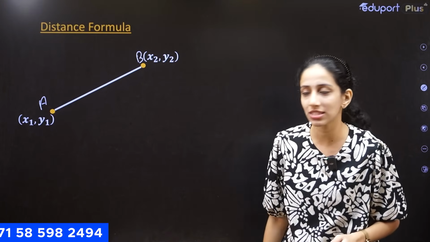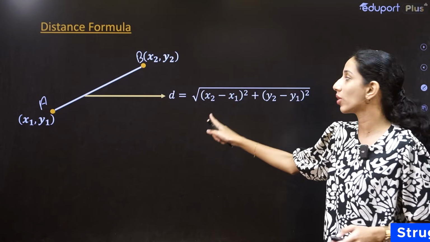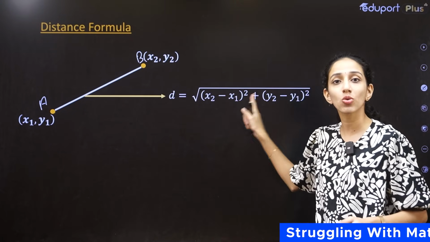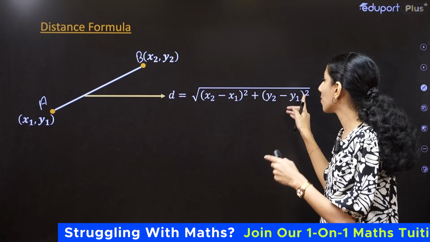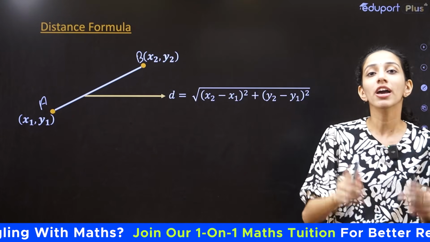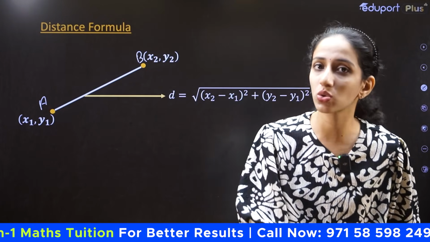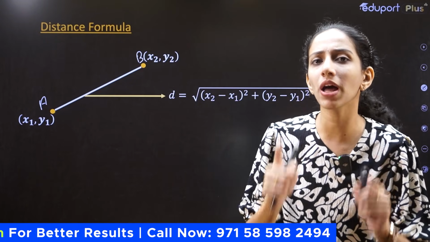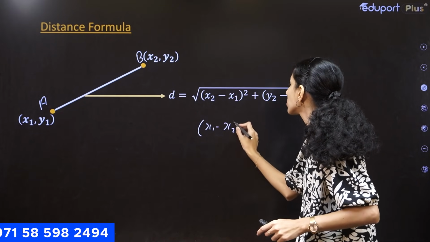And what is the distance formula? Note down: distance D is equal to the root of (x2 minus x1) all square plus (y2 minus y1) all square, if the points are (x1, y1) and (x2, y2). Is there any problem to rewrite it as the root of (x1 minus x2) all square?